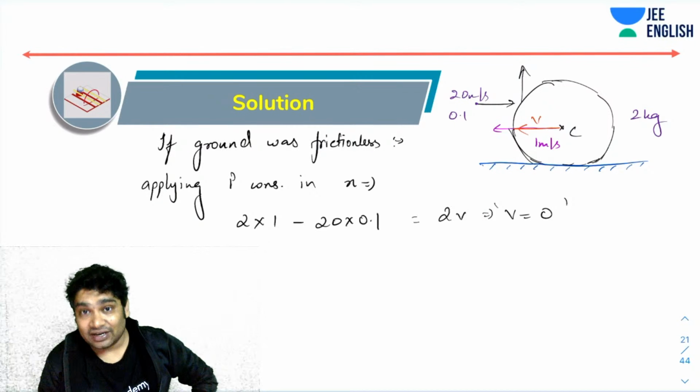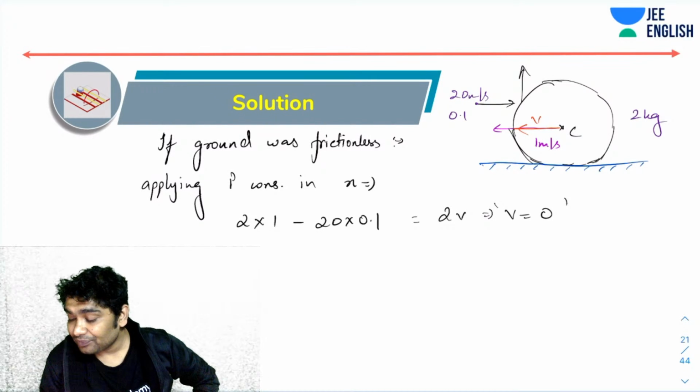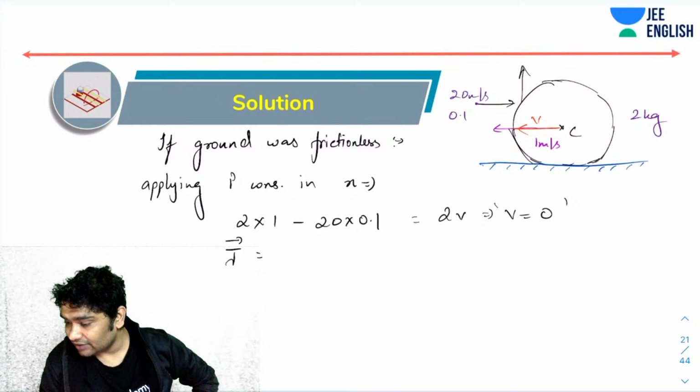So let's try and calculate the impulse. The impulse that this ring will receive, J vector, would be 20 into 0.1 in the minus i direction.